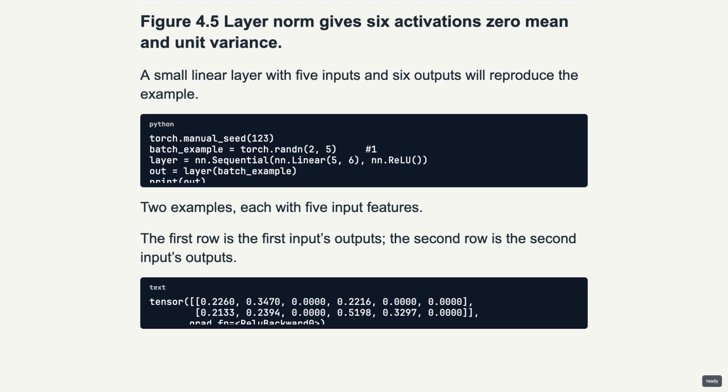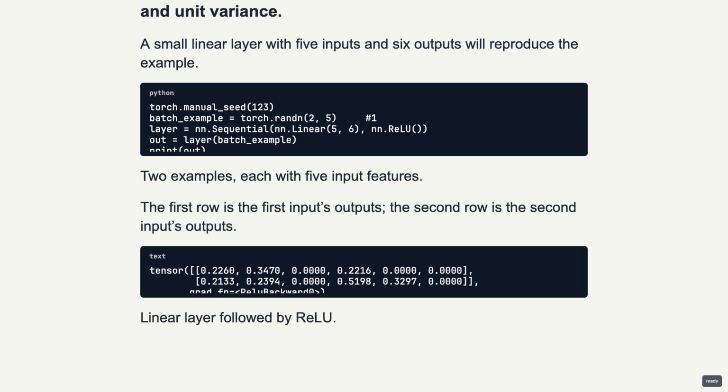That gives us a simple, positive-valued activation pattern to normalize next. A linear layer builds a weighted combination of the inputs, and ReLU adds the nonlinearity by suppressing negatives. This is a common pattern, even though transformer models later use a different activation.